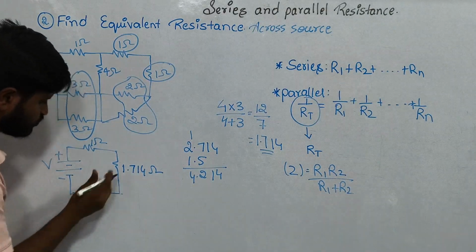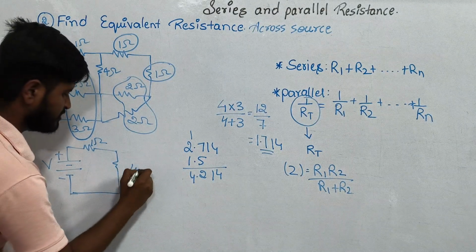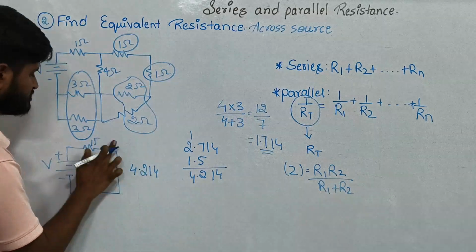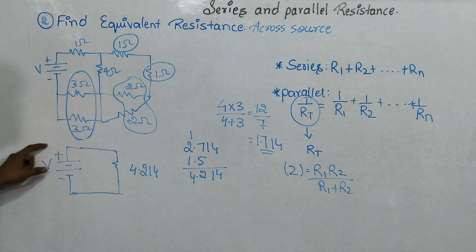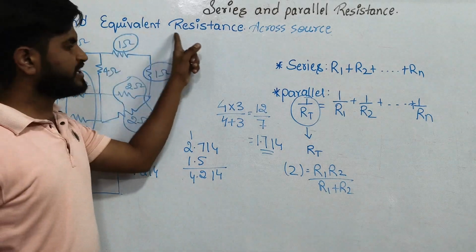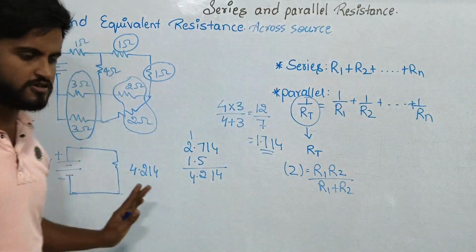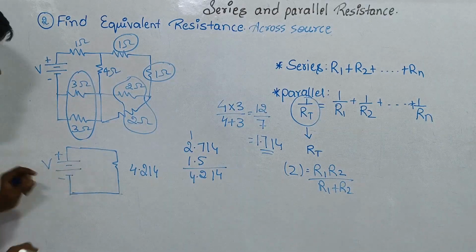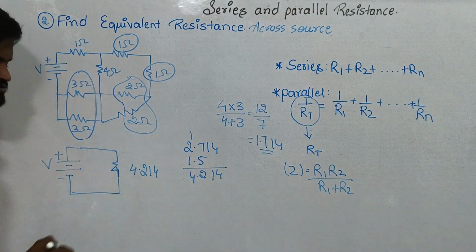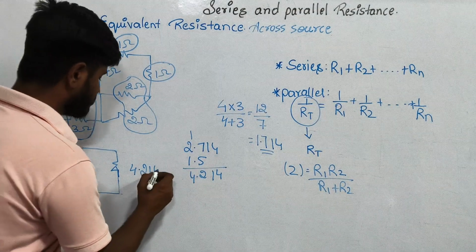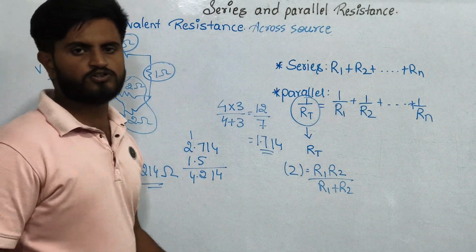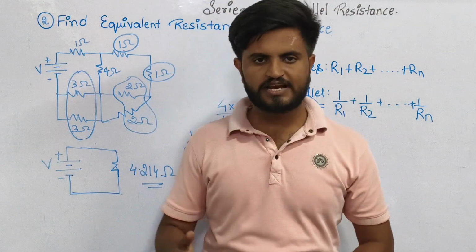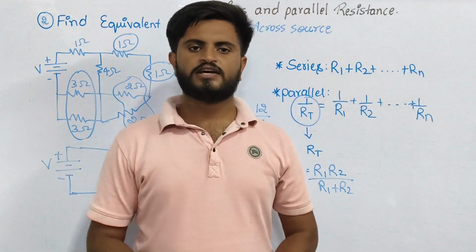So 4.214 will be the equivalent resistance which will be across the given voltage source. So they have told to find the equivalent resistance across the source. Source is voltage. We found out the equivalent resistance across the source, that is 4.214 ohm resistance.